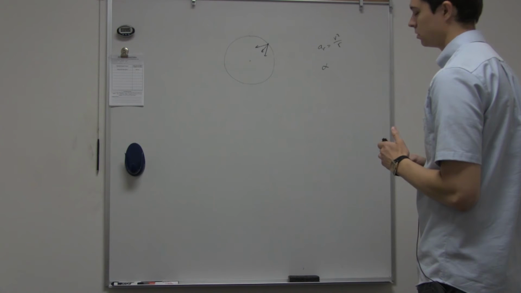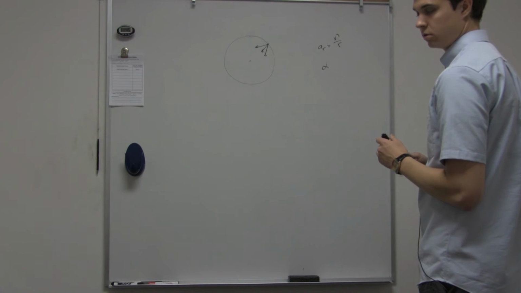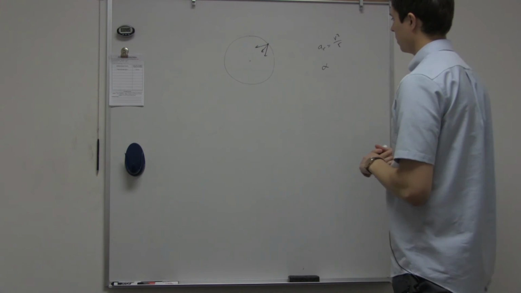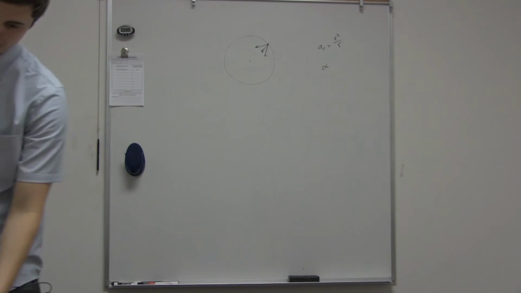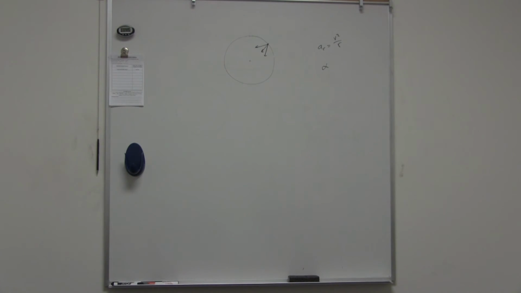It says that it's R alpha. Oh, maybe the radius times alpha. Yeah, I think that's what it's saying.